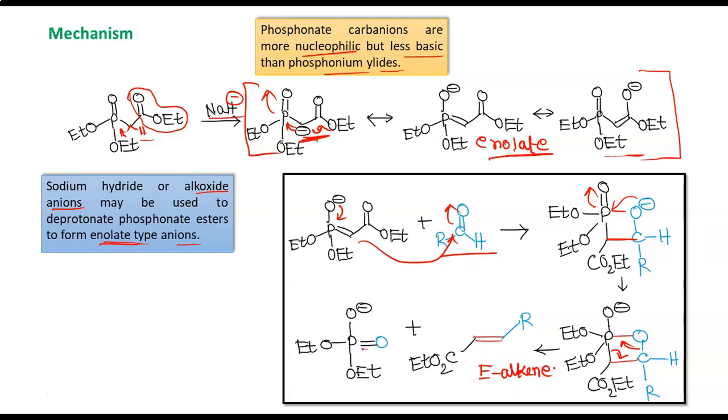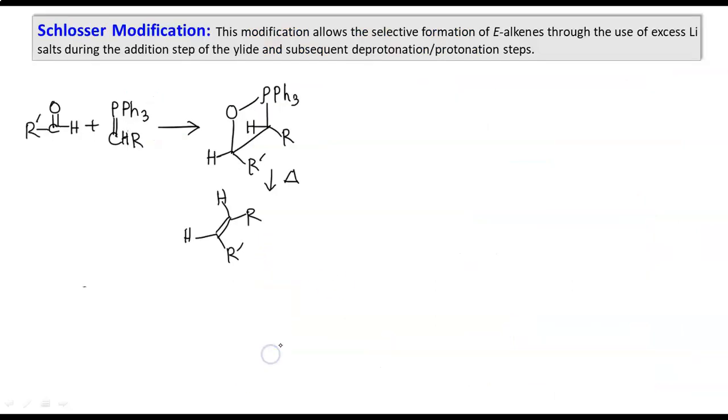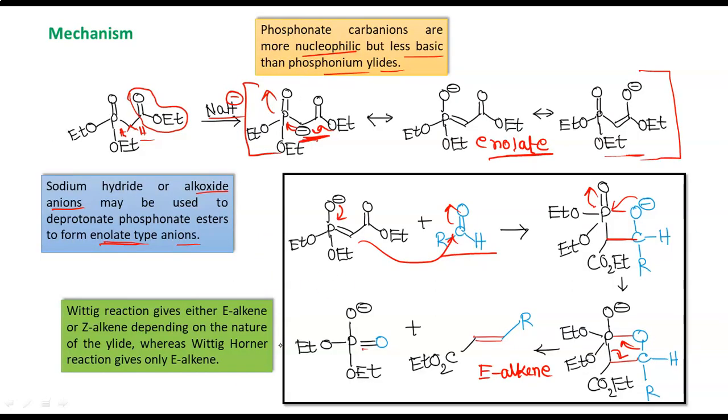Now in the original Wittig, what we have seen is that we can make either E-alkene or Z-alkene, and that depends on the nature of the ylide, whether it is stable or not. If it is stable, that will lead to E-alkene, but if it is not stable, that will lead to Z-alkene. But in this modified version, that is the Wittig-Horner reaction, it gives exclusively E-alkene.